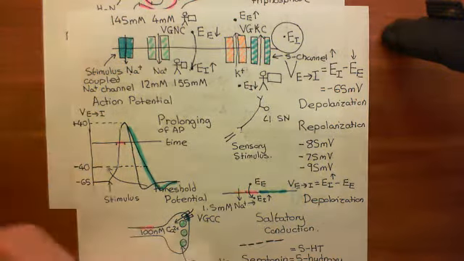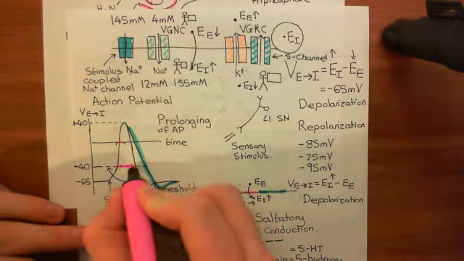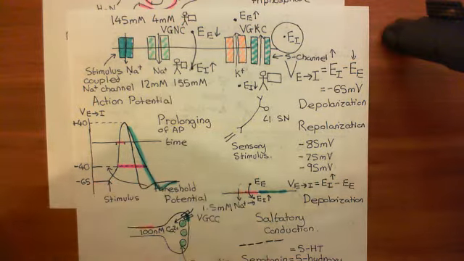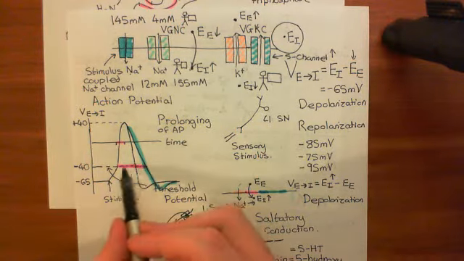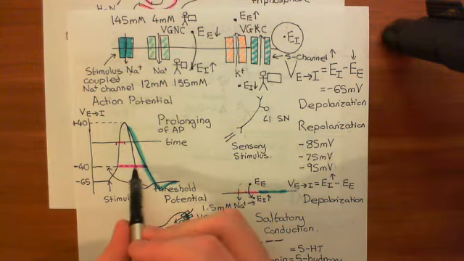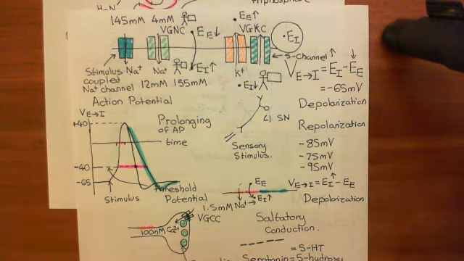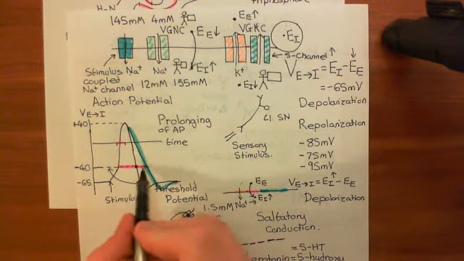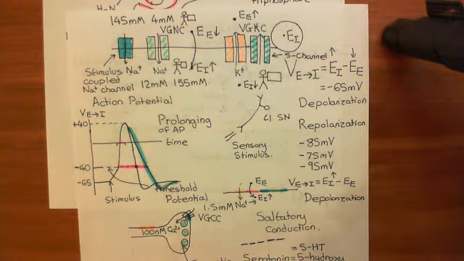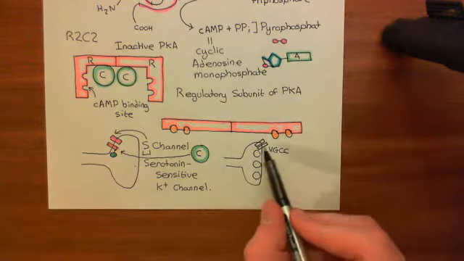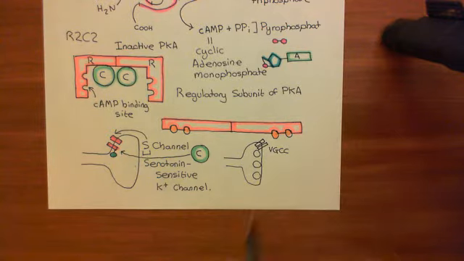And you can see that in this prolonged action potential, the time for which you are beyond that threshold potential will be greater than in the shorter action potential, where it stops here. Those voltage-gated calcium channels will be open for this entire period, and therefore they'll be open for longer. So the amount of calcium they will let in is going to be greater, and therefore you'll release more neurotransmitter.